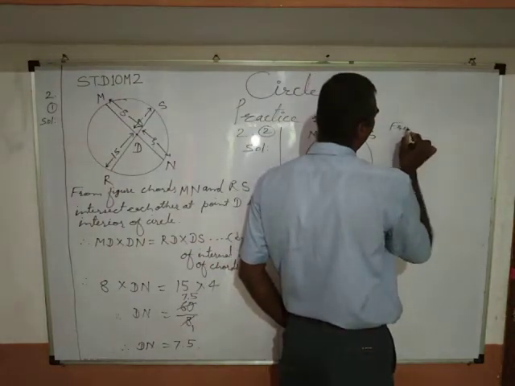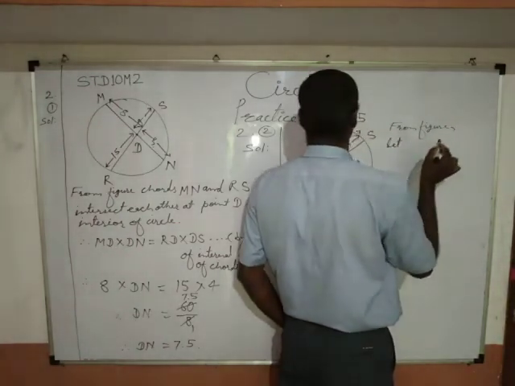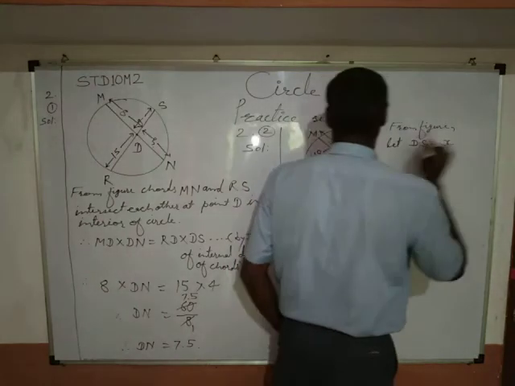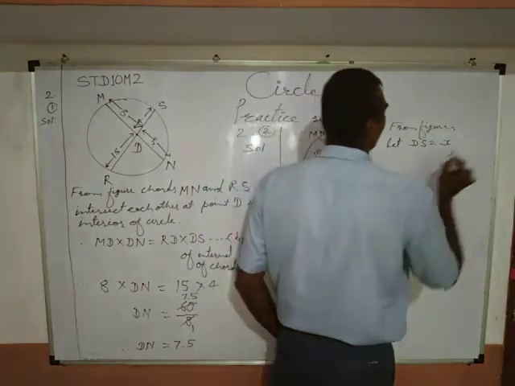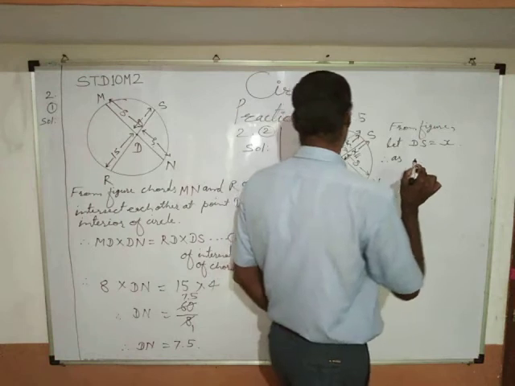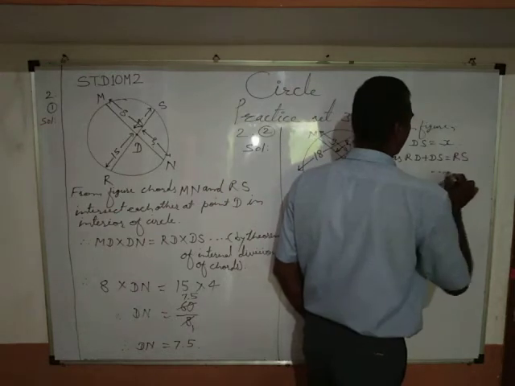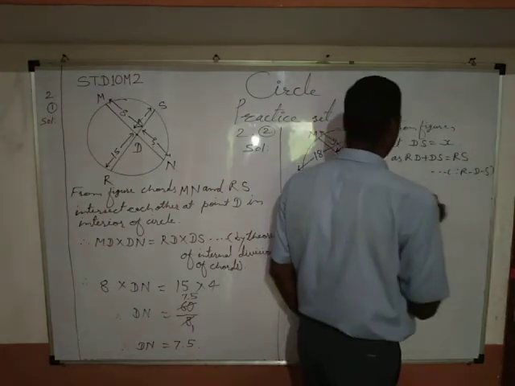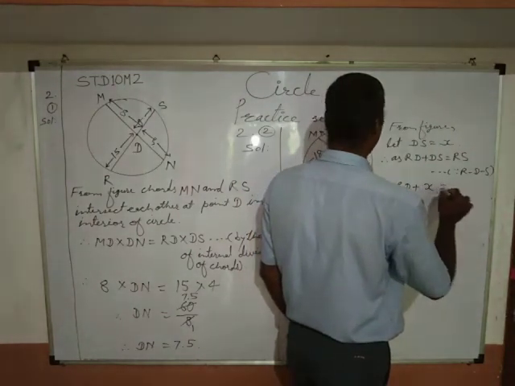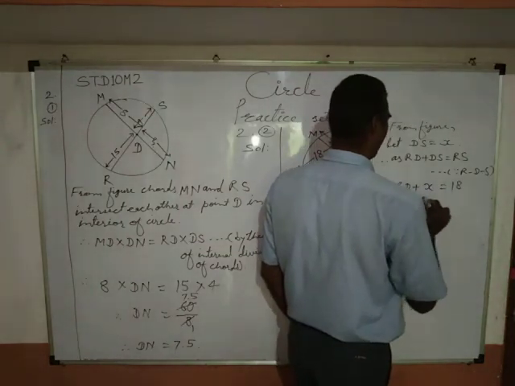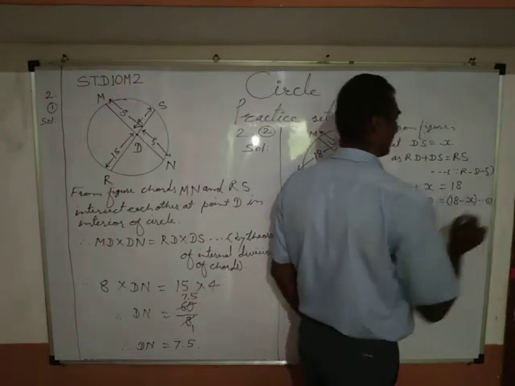From figure, let DS equal x. And therefore, as RD plus DS equals RS, since R-D-S, RD plus x equals 18, and therefore RD equals 18 minus x. Let's call it equation 1.